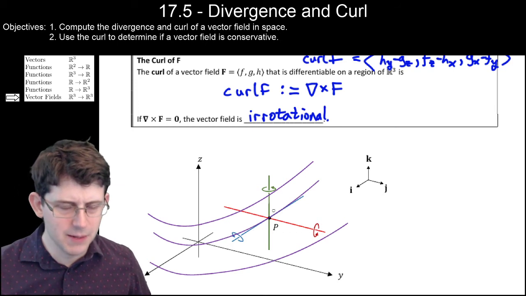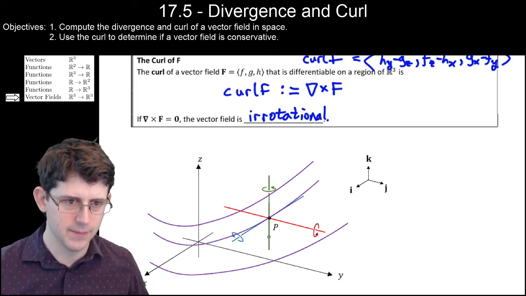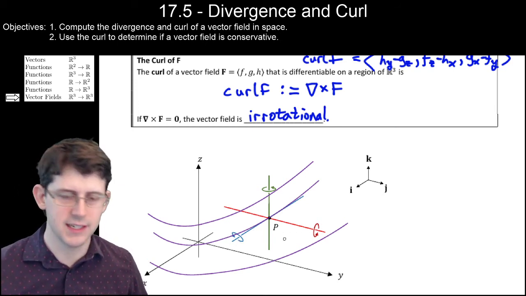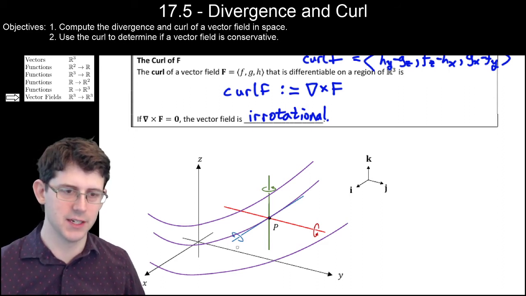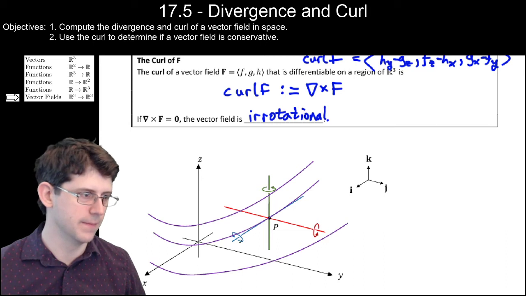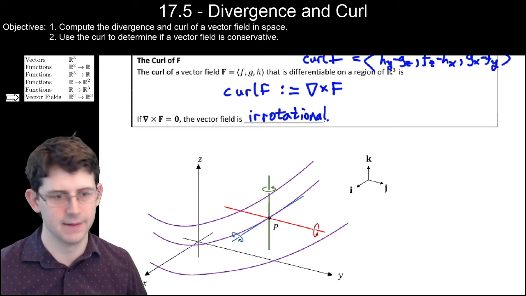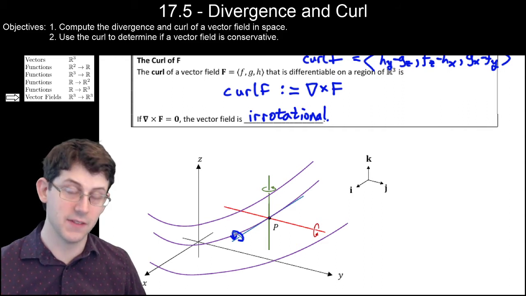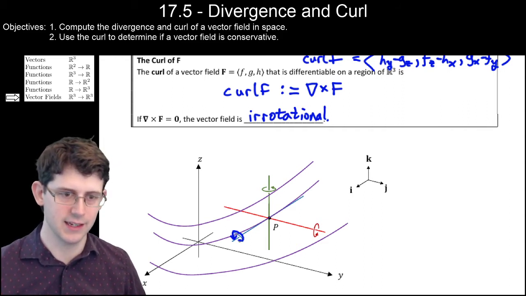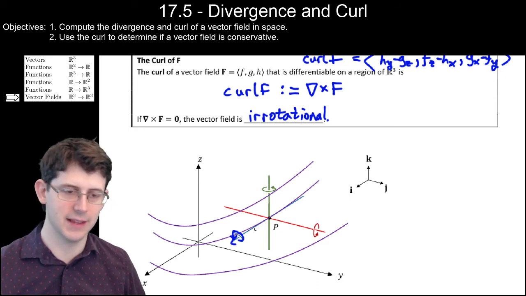I don't know if I'm going to be able to use this picture, really. This is a picture showing the different ways that you could spin in 3 dimensions. If the vector field causes things to spin this way, then the curl would be a multiple of i, in the x direction.